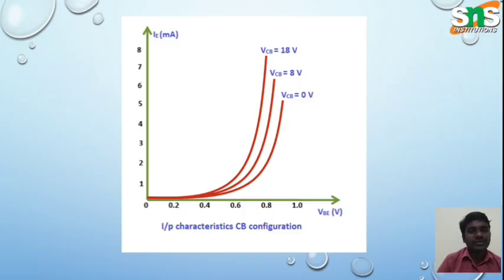Again we increase the VCB voltage, the voltage between the collector and base, to 8 volt, 18 volt, like that. As it increases, the curve shifts towards the left-hand side. The breakdown voltage decreases while increasing the VCB voltage. This is the conclusion for input characteristics.